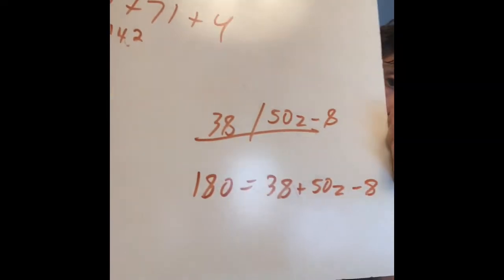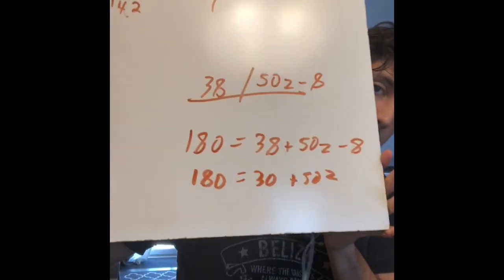So with 50z minus 8, I'm going to go 180 equals 38 plus 50z minus 8. Collect my like terms. Subtract 8, and the 38 becomes a 30. I've collected my like terms.